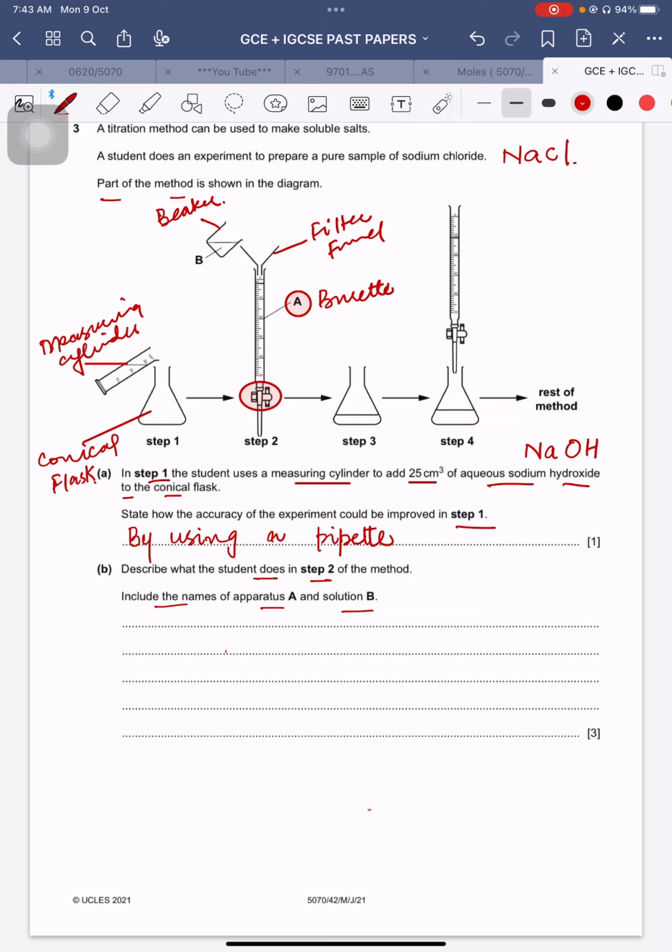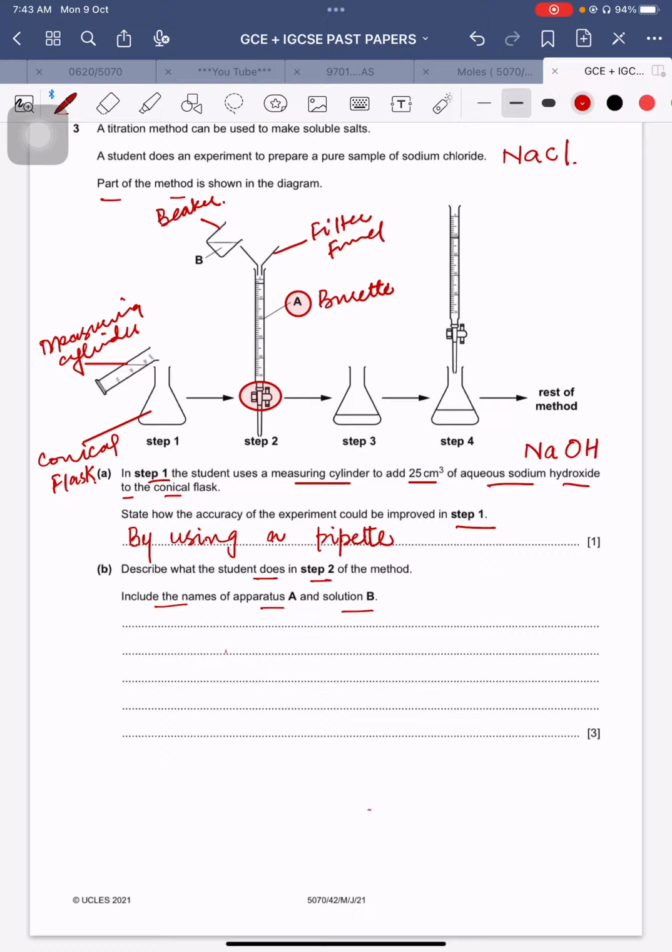We have to tell what is the burette, what we have to fill, what is the filter funnel, and we have to mention the beaker as well. If the examiner is asking about the beaker and burette, for example, and he is not asking about the filter funnel, you should still mention the filter funnel very clearly. It is important to mention the filter funnel very clearly. Done. So this was the detail related to this paper.